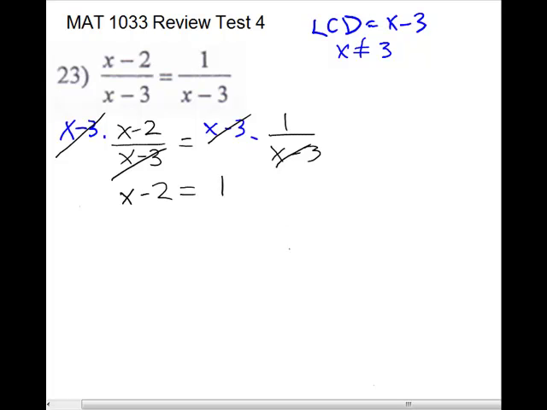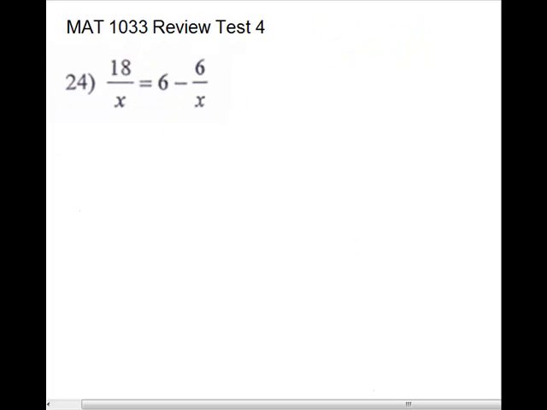And we're ready to solve. We're going to add a 2 to both sides. So I get x equals 3. So it solved nice, but we look back and we say, oh no, we threw 3 away. We can't have 3 for an answer because 3 minus 3 would give us a 0 in the denominator, something undefined. So we have to say there is no solution to this problem.